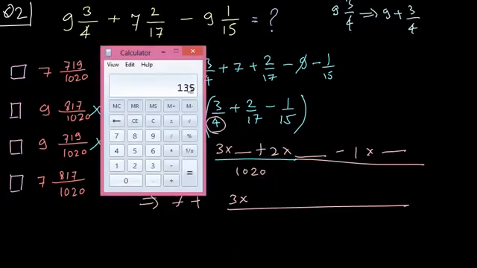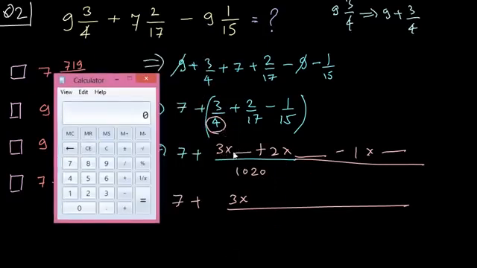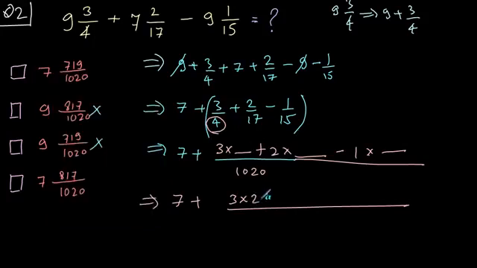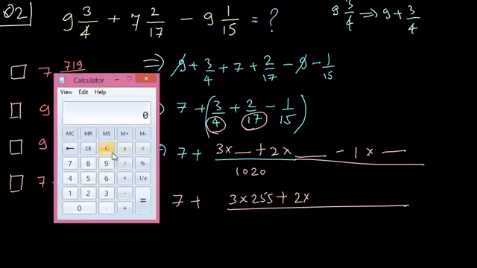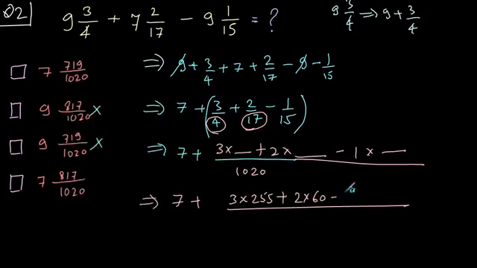So let me bring up the calculator here. How many times 4 is 1020? Let's divide 1020 by 4. You get 255. So it is 255 plus 2 into how many times 17 is 1020. 1020 divided by 17 is equal to 60, minus 1 into how many times 15 is 1020.